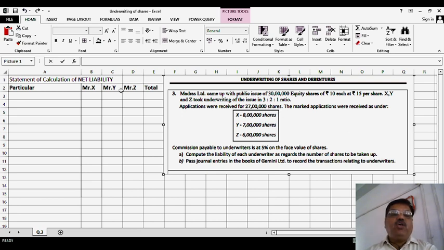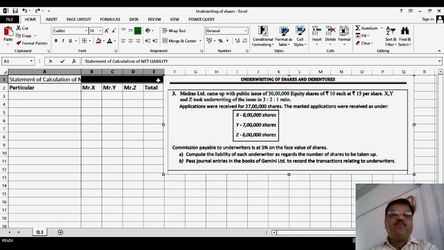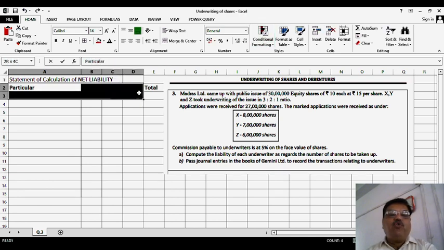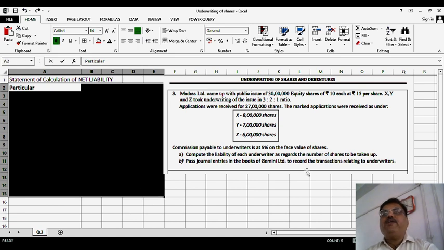For that, you have to prepare this type of statement, because this statement will help you to calculate the number of shares that underwriters are going to underwrite. To understand this particular topic or concept of underwriting and underwriting commission, this question is very important.